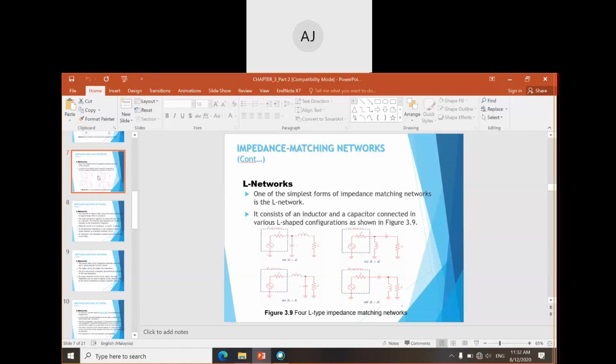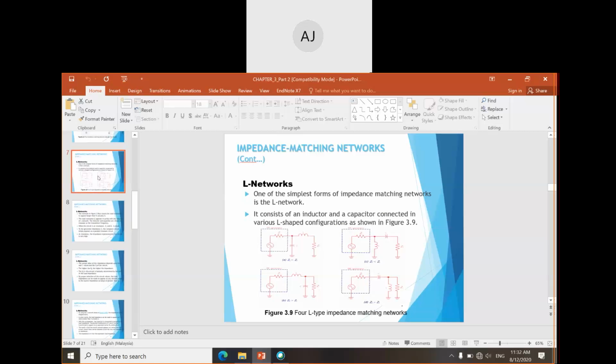The difference is how we arrange the capacitor and the inductor, because the way we arrange them gives a very big influence to the impedance and also the Q. The Q and the load impedance will determine whether this circuit operates in a proper way or not.